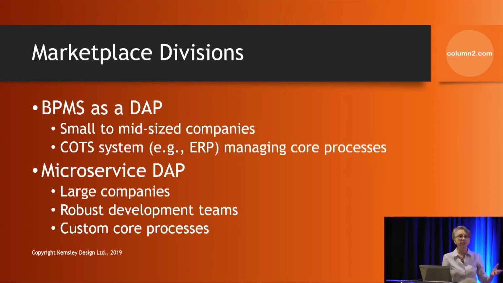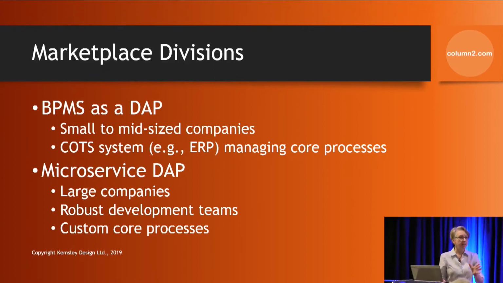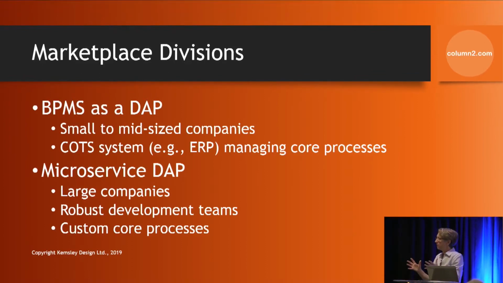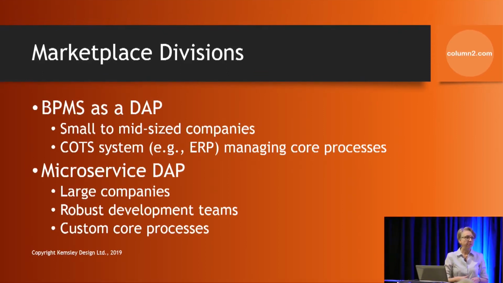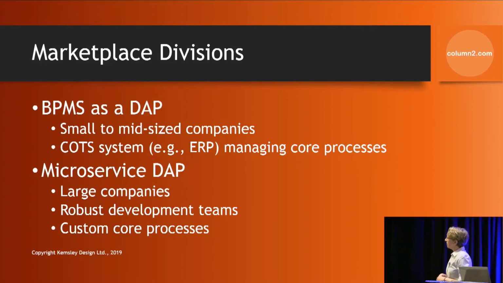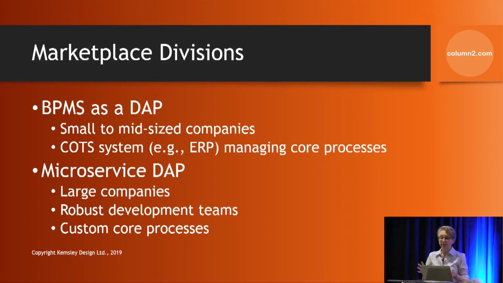They're not trying to implement their core business processes in the BPM system, or their core processes are small enough and well-contained enough that they can do that without a lot of agility problems. They're not going to have the scalability issues or technical agility problems that a large organization might have. So there are certainly a lot of scenarios where this makes sense.